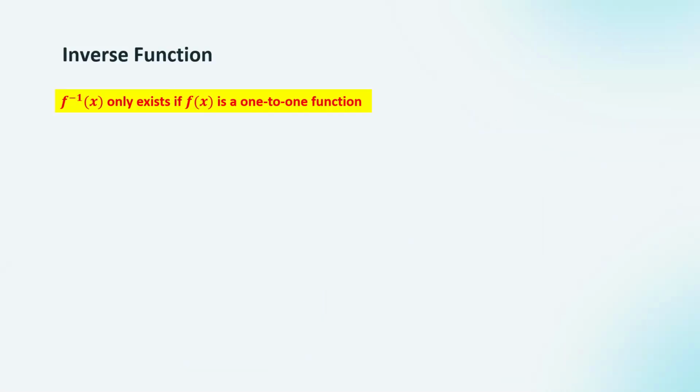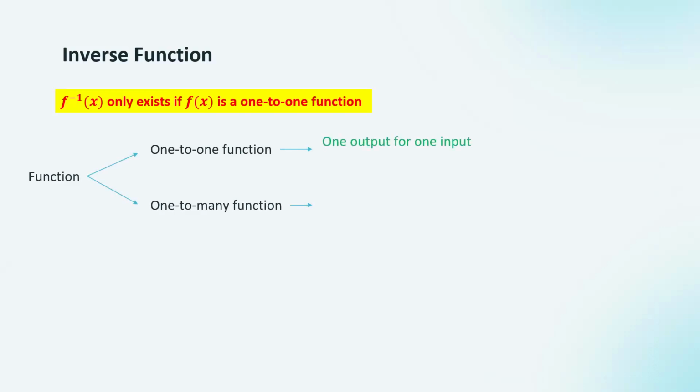The next thing I want to tell you is that the inverse function only exists if the function is a one-to-one function. Let's review what a one-to-one function is. A one-to-one function has one output for one input and one input for one output.